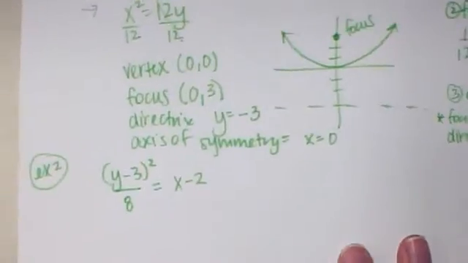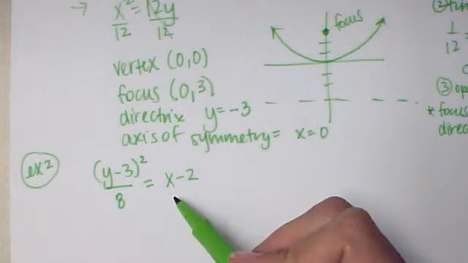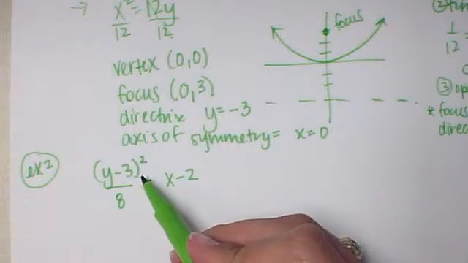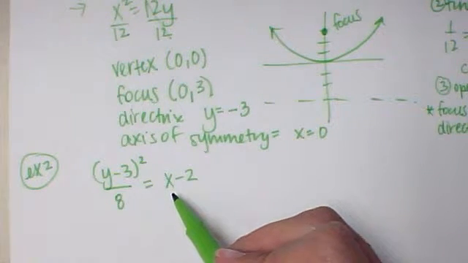And that's the original equation. Notice this time that the squared is with a y, so this is going to be an opens left or right. I want to get the squared stuff on a side by itself and the x stuff on a side by itself. So that is already in progress.